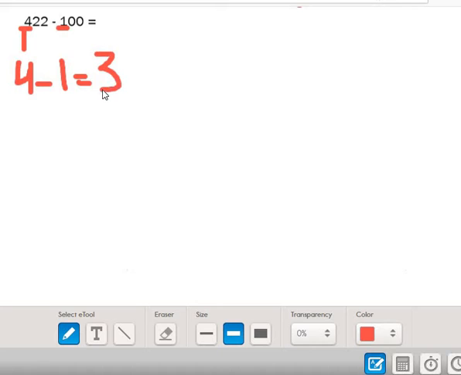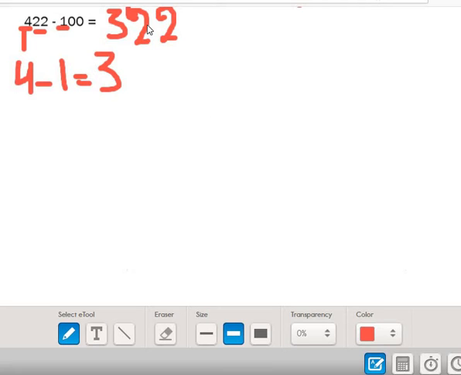This is the hundreds digit. We have to subtract hundreds digit from hundreds digit, and we will keep the tens and ones as is. So the answer here is 300 and the same number of tens and the same number of ones. So the answer is 322.